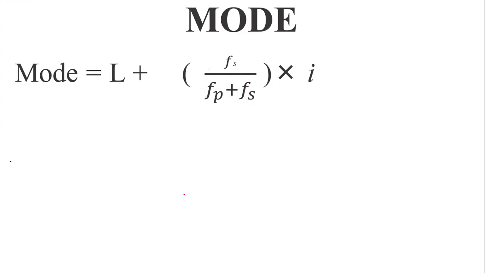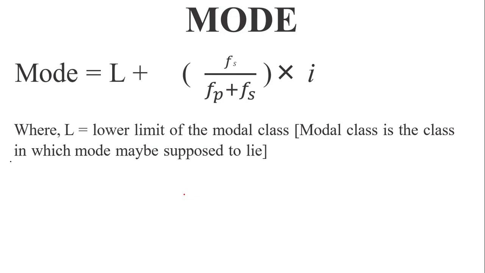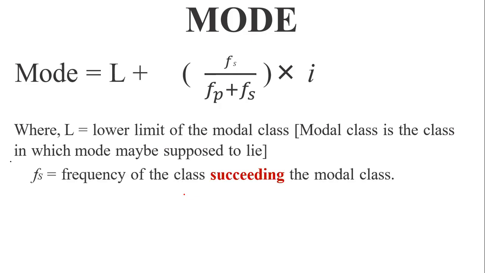We will see in detail how we can apply this formula. L equals the lower limit of the modal class. The modal class is the class in which the mode may supposedly lie.